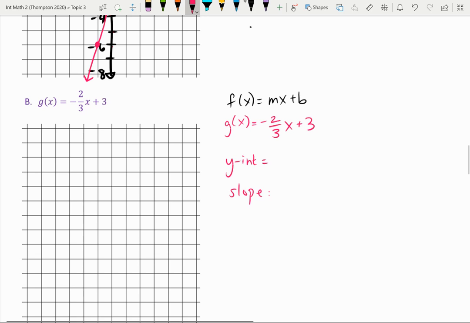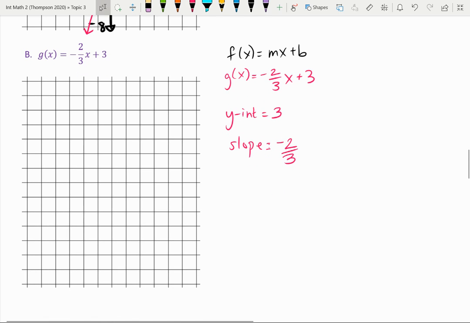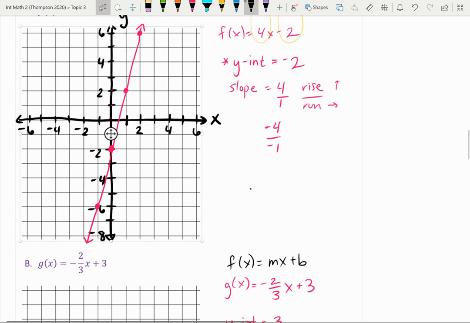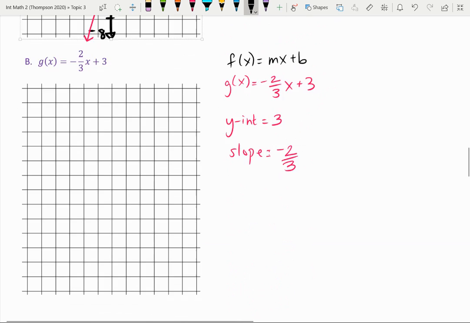The y-intercept is the number that I add or subtract at the end, so that's going to be my 3. The slope is the number in front of x, so this time I've got negative 2/3. Before I start graphing, I need my axes.